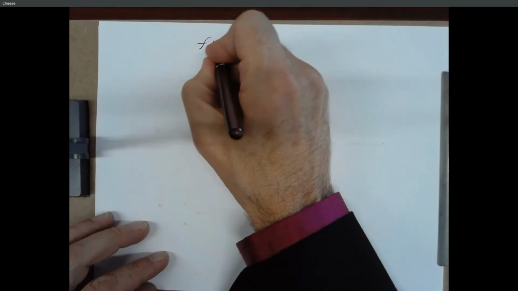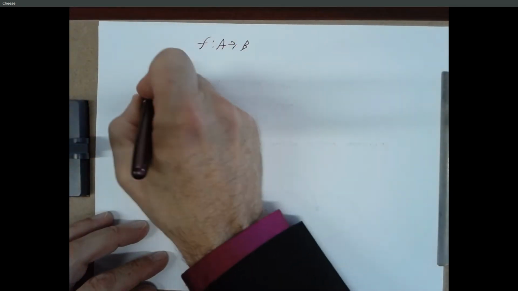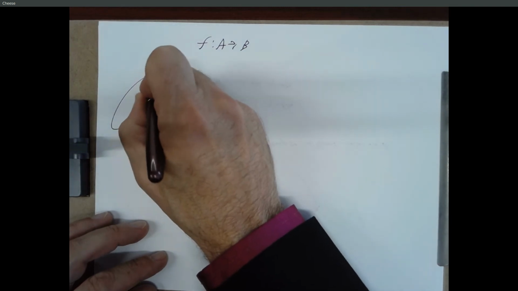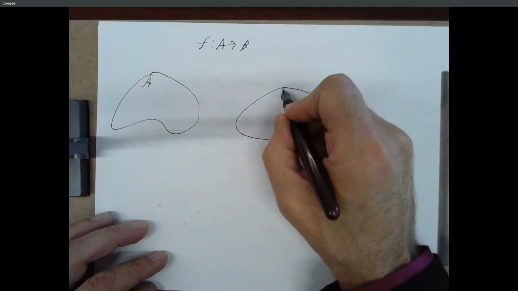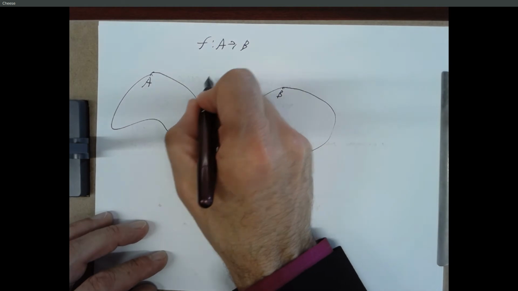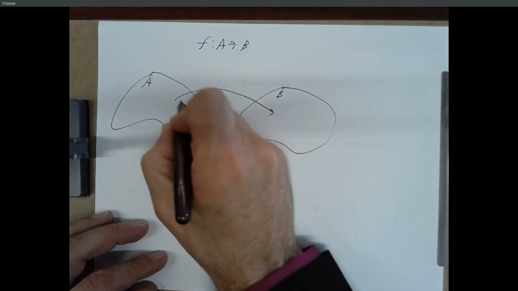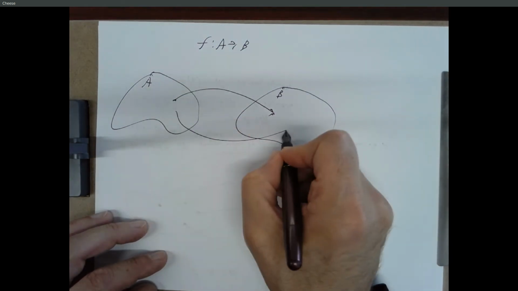All right, so the next concept is surjectivity or onto-ness. So again, f goes from A to B, and there's A, and there's B, and we're mapping points.